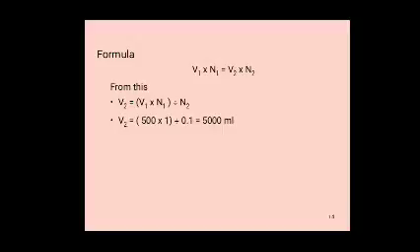Therefore, V2 is equal to V1, 500 ml, into normality of solution 1, by 0.1. That is 500 into 1 by 0.1, which is equal to 5000 ml, the final volume.